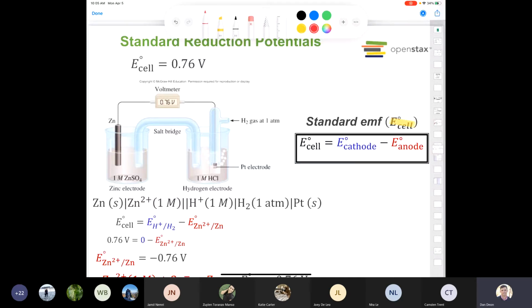Note, and I've taught this before, so I know enough to point out that both of these are standard reduction potentials. Sometimes I'll have students mix these up.